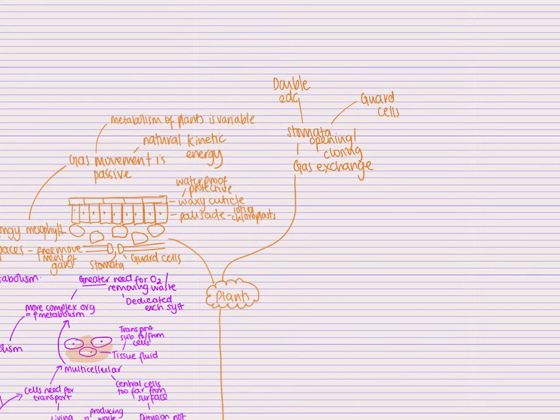And this is going to bring us to the next bit of the plant stuff later on. Because, again, if we've got the stomata open, then we can have gas exchange, but also water loss. And if they're closed, then we don't have gas exchange, but we don't lose water.